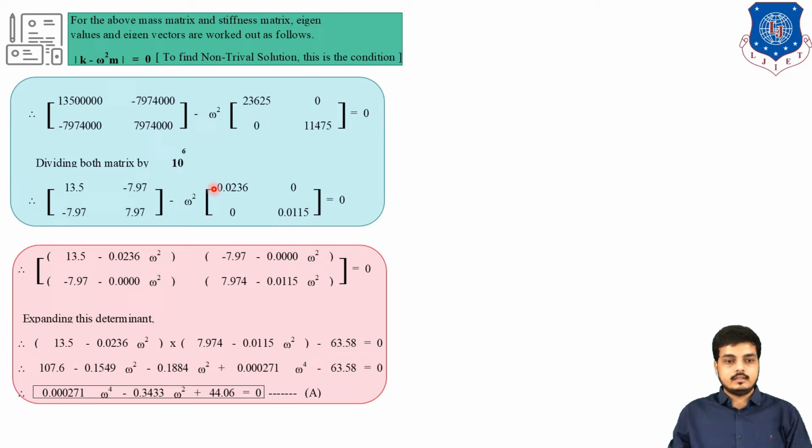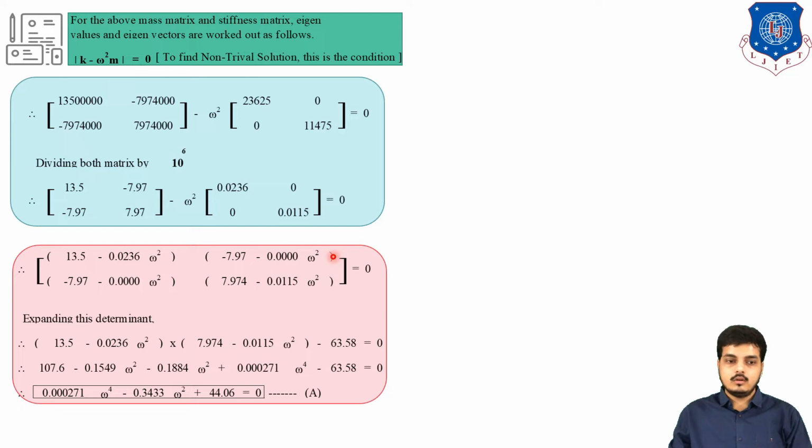Now, how to solve it: 13.5 minus omega square into this. So this multiplied by this should be deducted from the stiffness matrix. So 13.5 minus 0.0236 into omega square, and over here minus 7.97 minus omega square into 0, so minus 7.97 minus 0 into omega square.